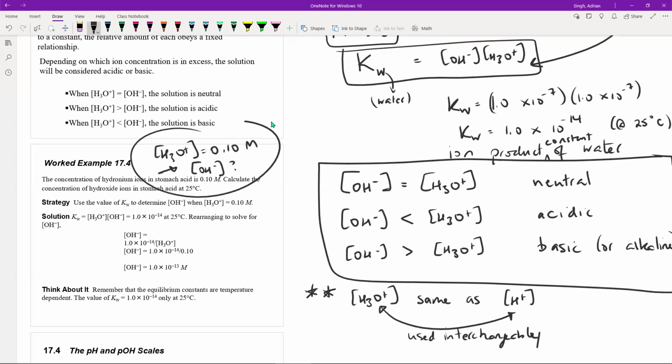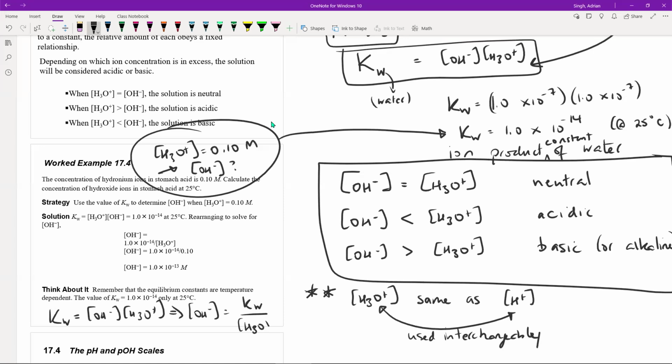So we need a relationship between these two. Well, the only relationship is our Kw expression, right? So we have our Kw being equal to OH minus times H3O plus. And obviously, doing a little bit of rearrangement here, the OH minus concentration would be equal to Kw divided by the H3O plus. And all we need to do is take our values and substitute them into our equation.